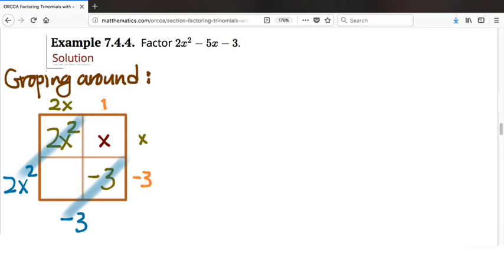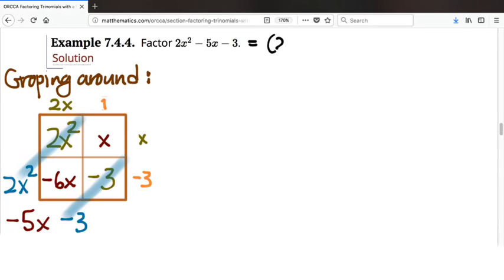Then when I multiply everything out, I get 1 times x, which is just 1x in this cell. But 2x times negative 3 is going to give me negative 6x in that cell. And now when I add x plus negative 6x, I get negative 5x, which it turns out is exactly what I wanted. So by groping around in the dark, I've come across a factorization for this.